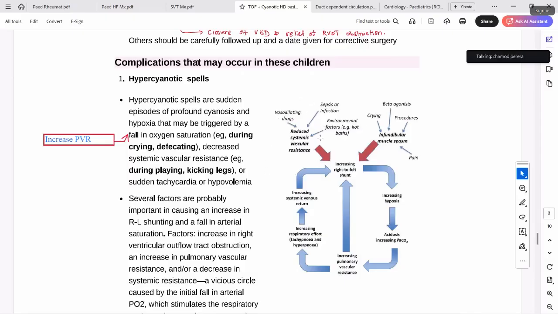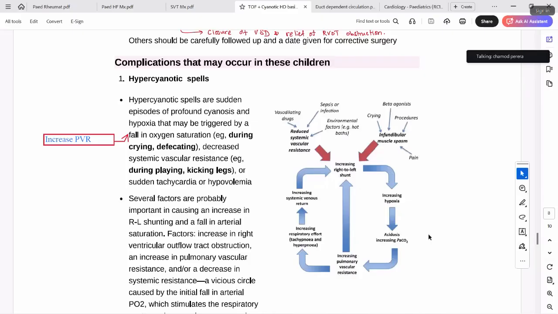Also, the systemic vascular resistance is going to reduce when they have sepsis or vasodilating drugs, and even hot baths and all those things are going to reduce the systemic vascular resistance. That is going to further facilitate the left ventricular cardiac output. That ultimately increases the right to left shunt, right? So therefore, the hypoxia is going to get worsened in these patients, right?